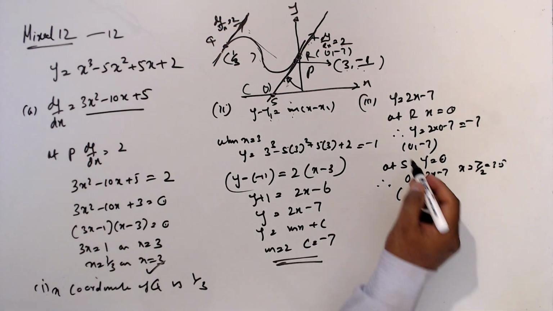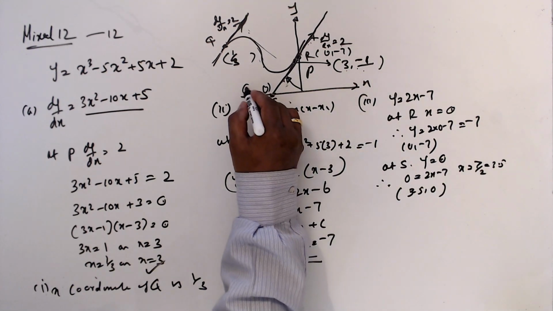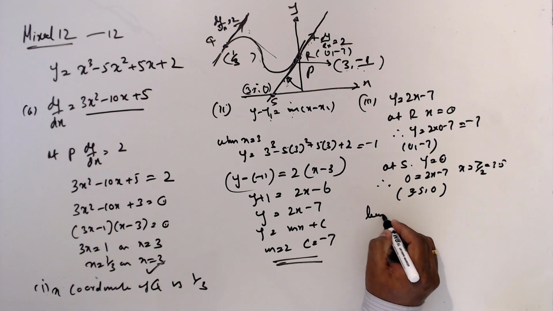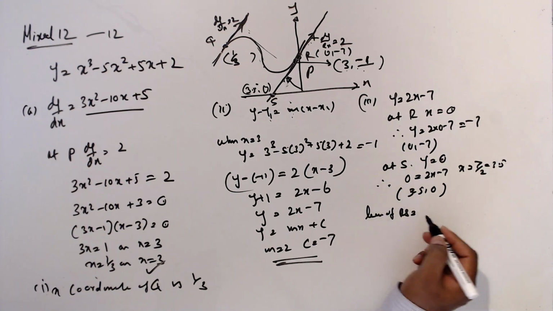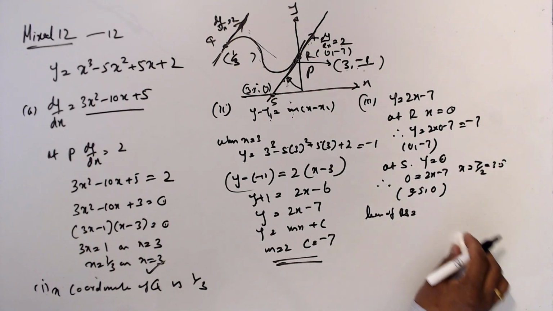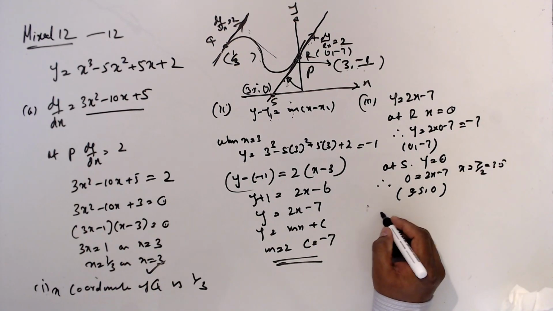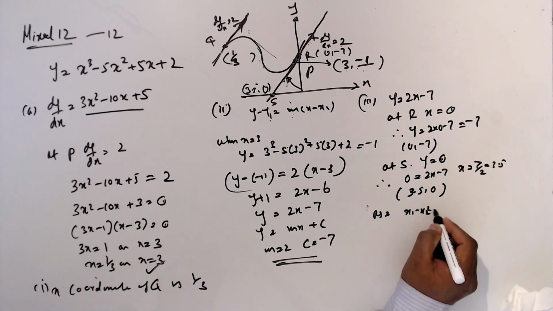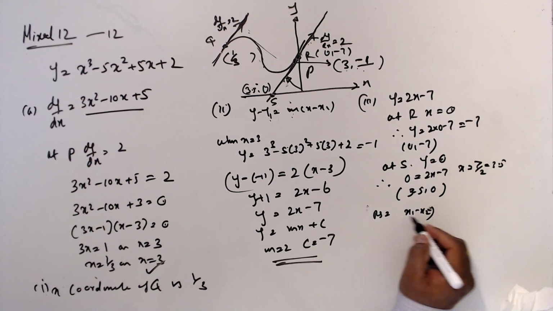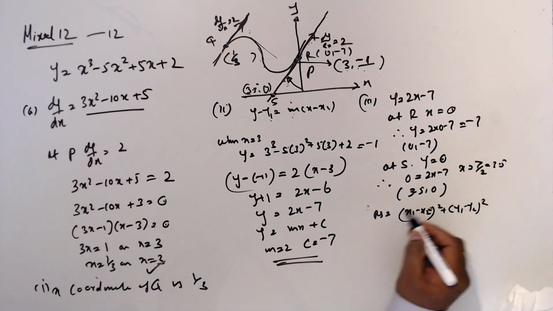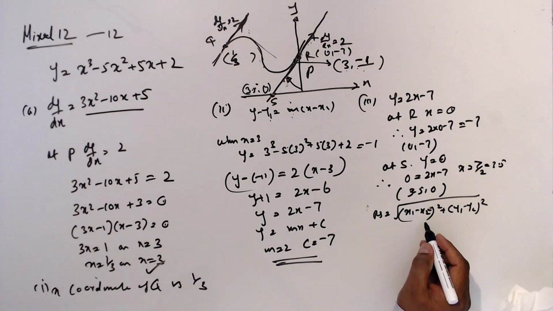Now we have S as 3.5, 0. Now the length of RS. What is the formula? RS equals the square root of (x1 minus x2) squared plus (y1 minus y2) squared, from Pythagoras.